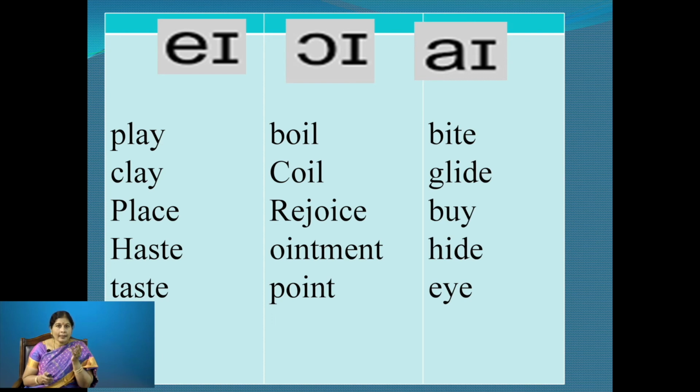Kite, height. Can you see how it is gliding from one position to another? Now let us see oil, soil, boil, coil, rejoice, ointment, point. It can occur as the initial, middle or at the end.